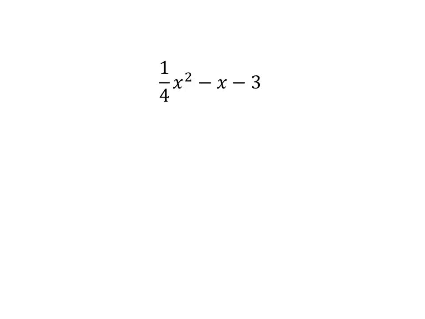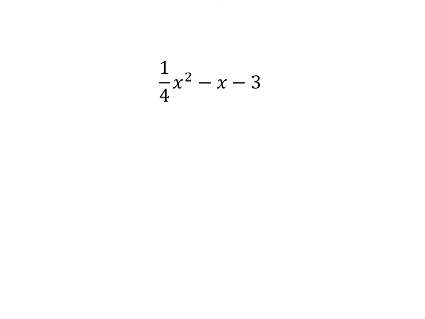Okay, now we have a question with a 1/4 out in front, and that's where this can get a little bit challenging. You have to just think what it means to factor. You're basically wanting to pull out this 1/4, and you want to end up getting back to the answer when you multiply that 1/4 back in.